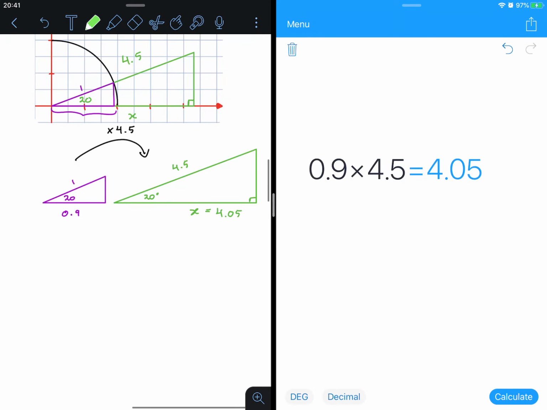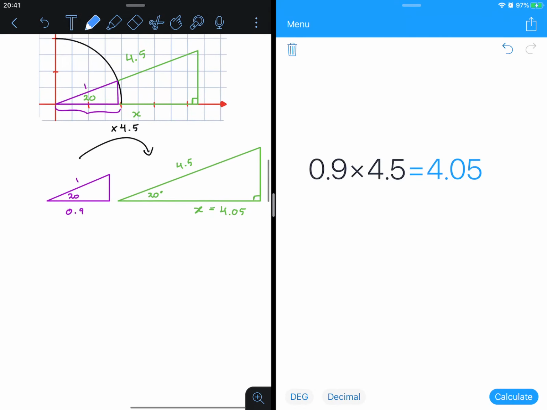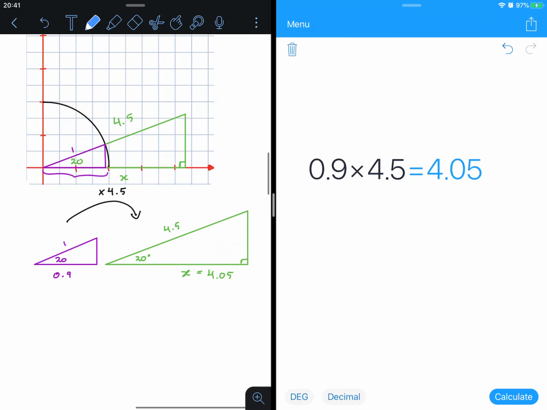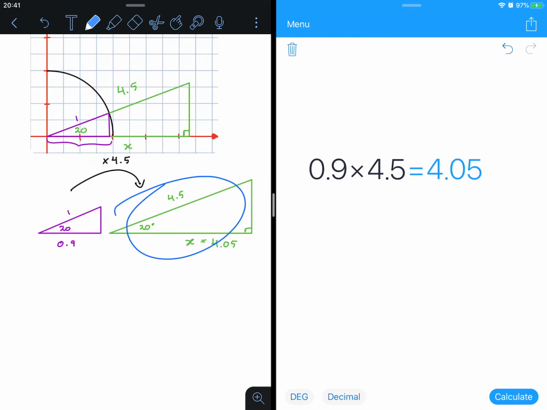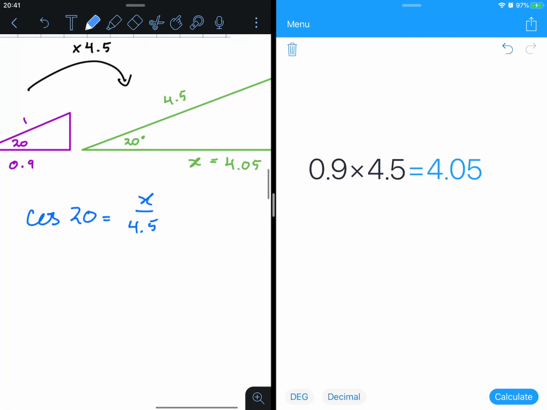Now if we follow this process using trigonometry, we can say that from this triangle, cosine of 20 is equal to x over 4.5. And it'll be 4.5 cosine of 20 is equal to x.